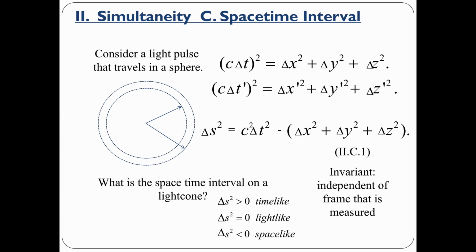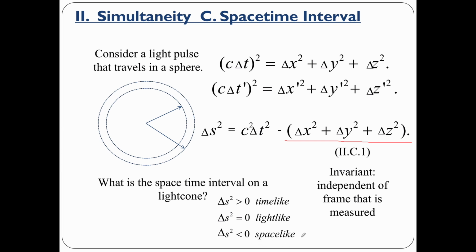And we can actually look at this and define three different regions. If delta s squared is greater than 0, that means that c delta t is bigger than the distance. We call that time-like. Clearly delta t dominates here.